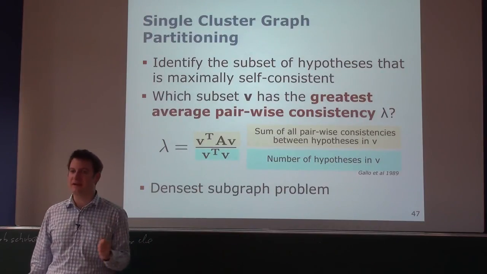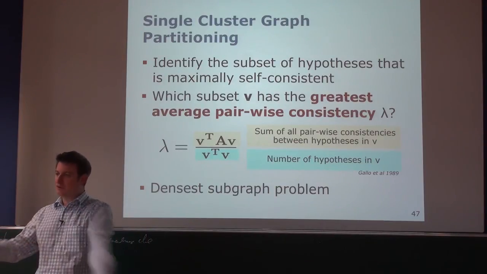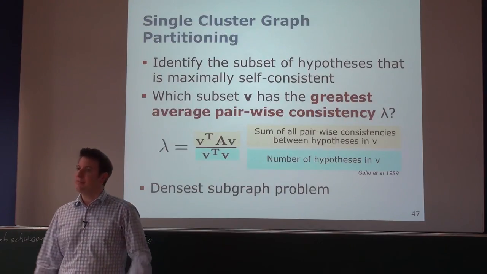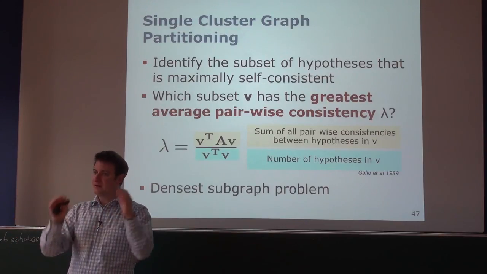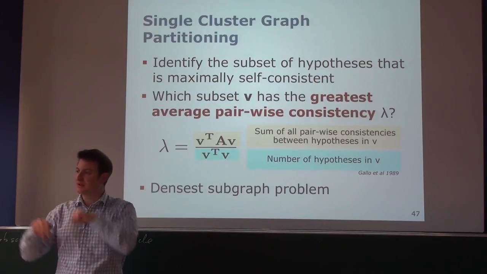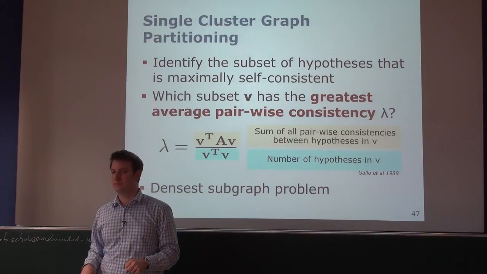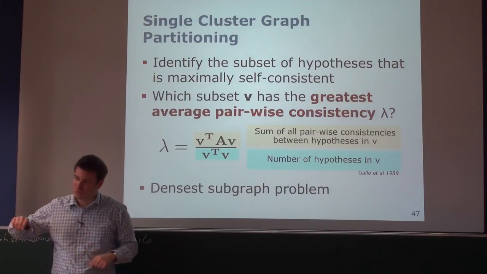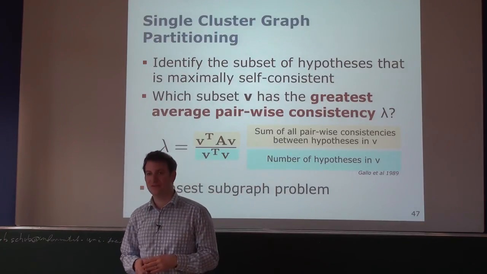And the higher the score, the better. So if I have a group where everything agrees, I can add all the 1s in this vector, and I will get a high score. If I have 2 groups in there, I get scores within the groups, but not between each other, and I divide by a large number of hypotheses, so I'll get a small value. So I have this function, which has high values for good elements and low values for bad hypotheses. So what can I do?